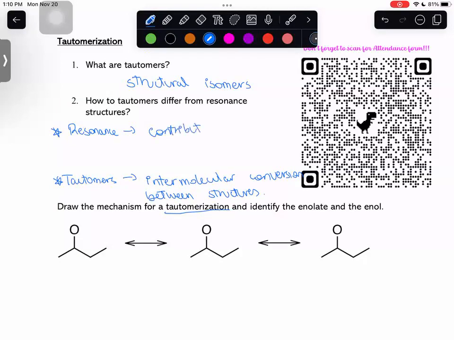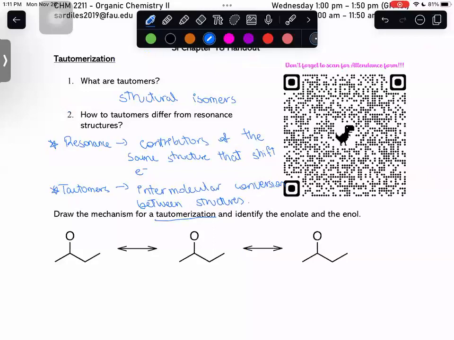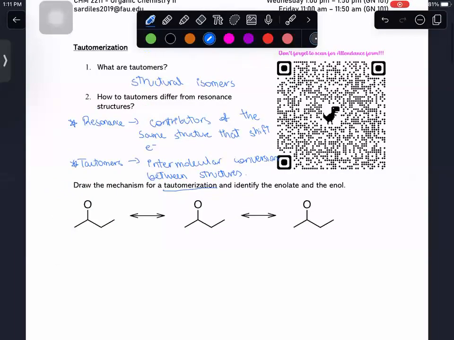So we can just say contributors of the same structure that shift electrons. Yes, intermolecular conversion between structures.